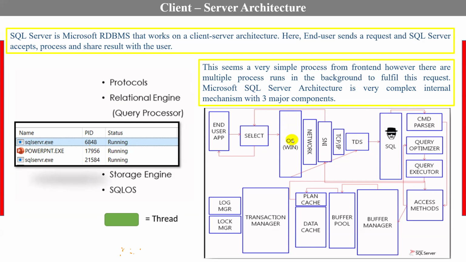So for your query tree, it will prepare the execution plan, and that plan will be stored temporarily in the plan cache. Make sense, everyone?